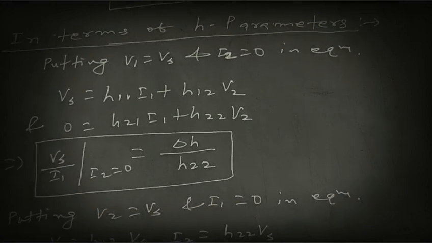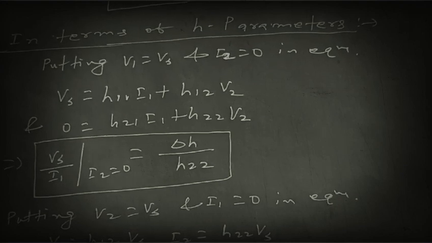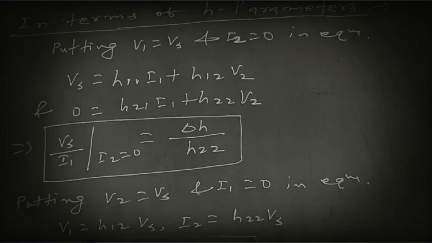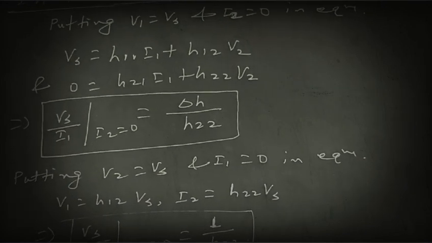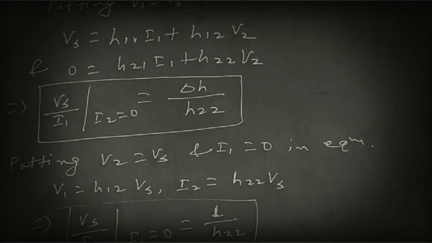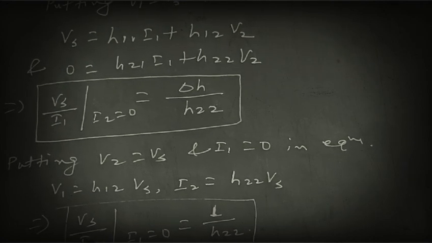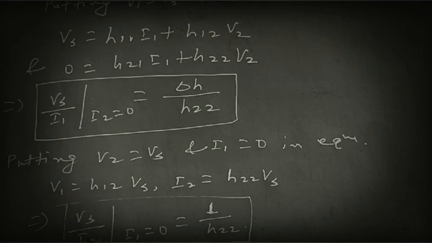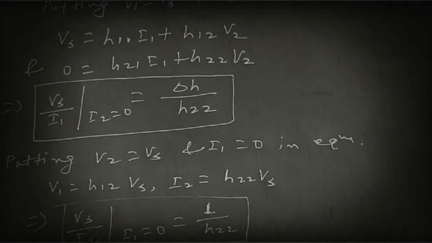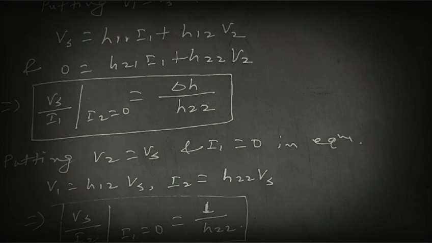So from here we find Vs divided by I1 at I2 equal to 0 is equal to del H divided by H22. Next we have to put the conditions of figure B, that is V2 equal to Vs and I1 equal to 0, in the equations. We will get V1 equal to H12 into Vs and I2 equal to H22 into Vs.